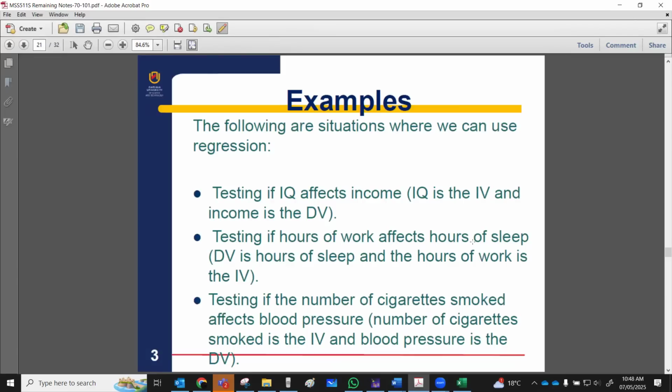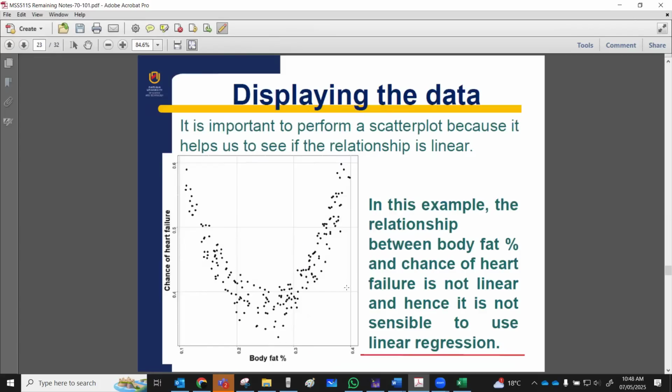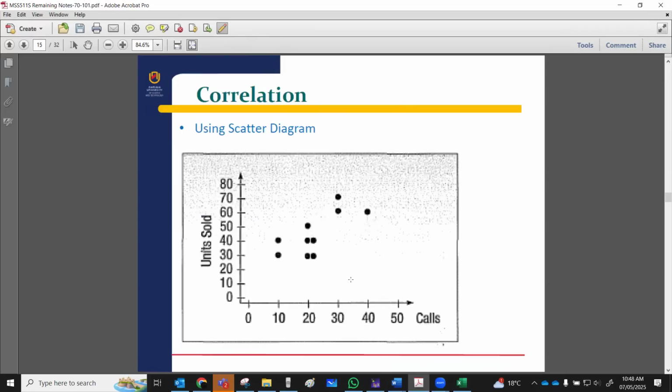The more you work, does it affect your sleep? And testing if the number of cigarettes smoked affects blood pressure. There are so many things that you could test using regression analysis. Okay, so I want us to do an example first where we work out the correlation.